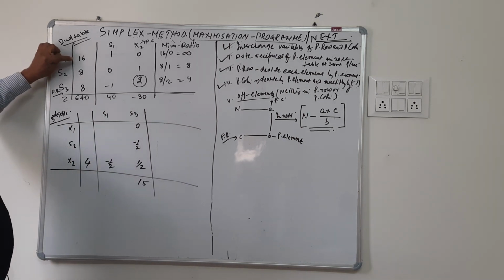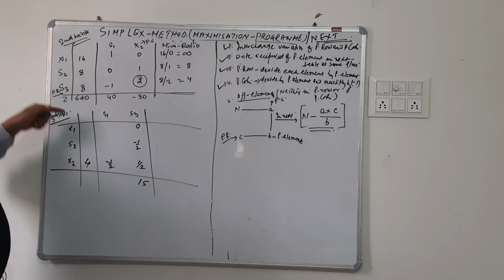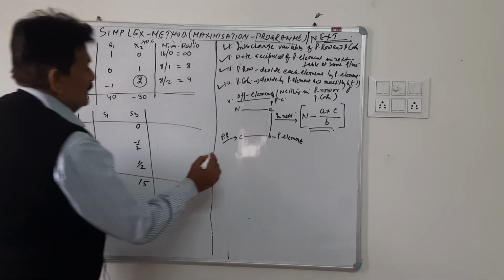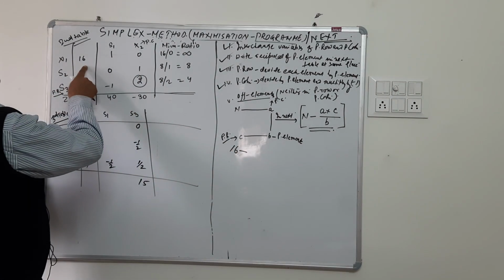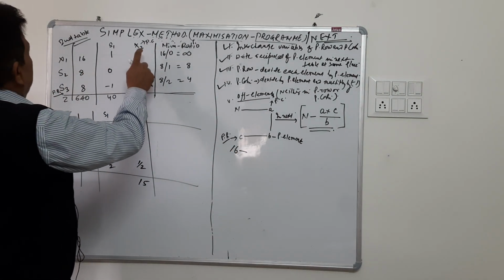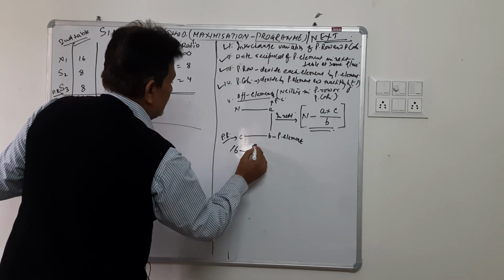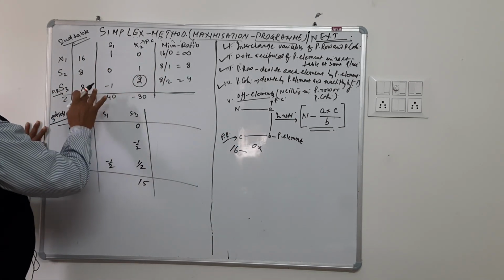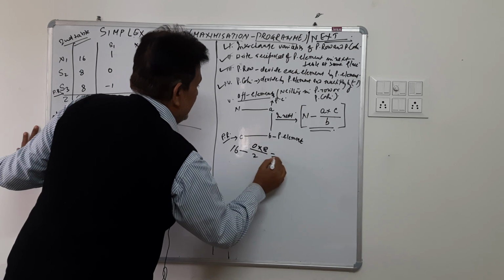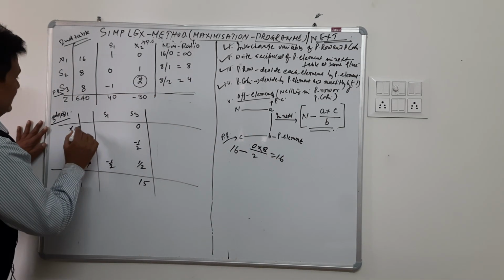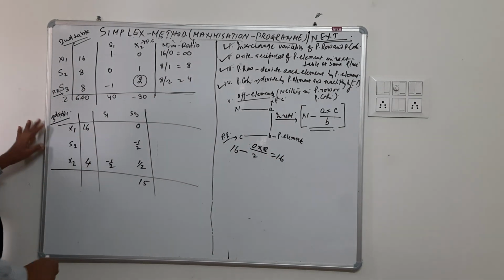Now 16. How will 16 come in the next table? So 16 minus the corresponding element in the pivot column, which was 0, into the corresponding element in the pivot row, which was 8, divided by the pivot element. So this will come here as 16.